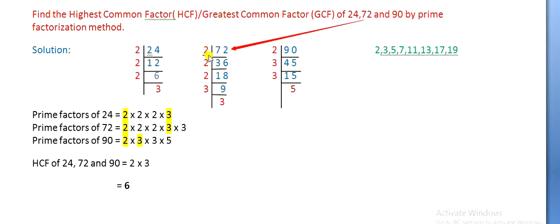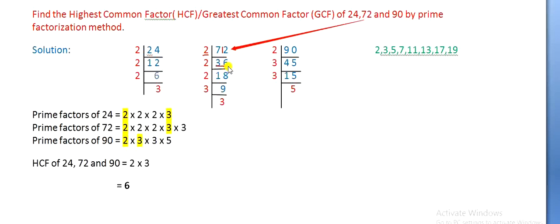We wrote 2 here. 72 by 2: 2 threes are 6, we wrote 6. 7 minus 6, we got 1. 1 and 2 forms the number 12. 2 sixes are 12, 12 minus 12, 0. We got the quotient as 36.